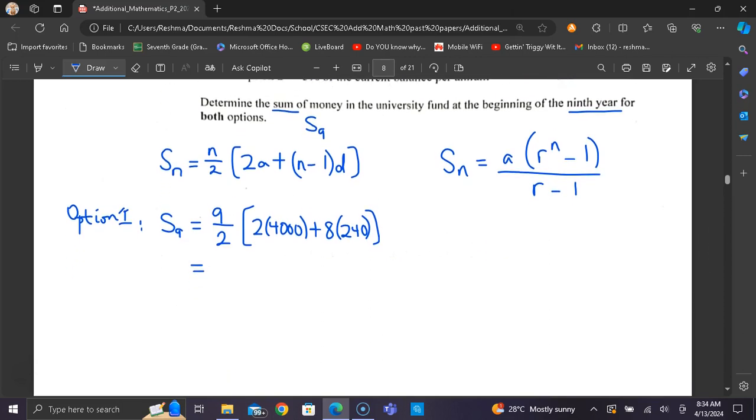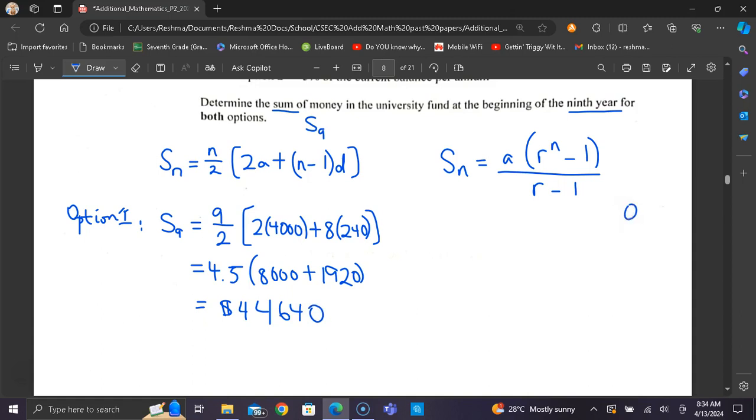Alright, so 9 over 2 is 4.5. 2 times 4,000 is 8,000. 8 times 240 is 1920. Alright, so 8,000 plus 1920 is 9,920. Times the 4.5 will give $44,640.